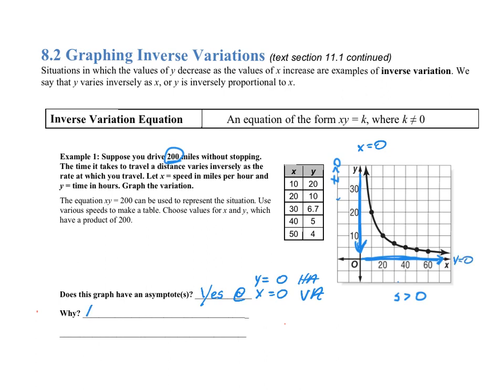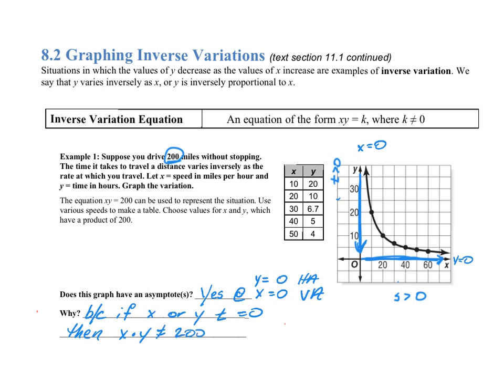And why? Because if x, the speed, or y, the time, is equal to 0, then my equation, x times y, could never equal that distance of 200.